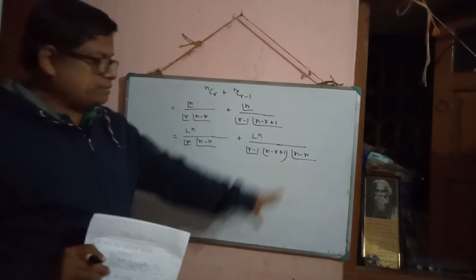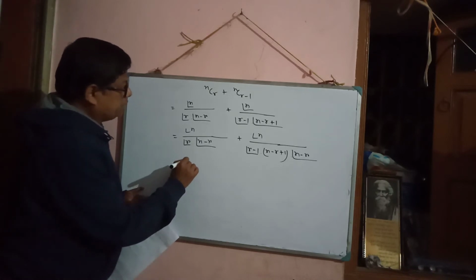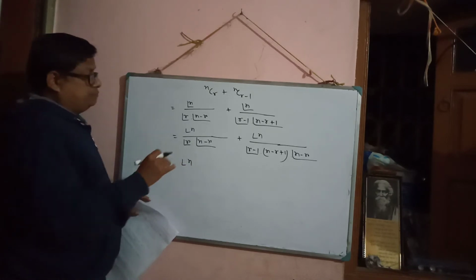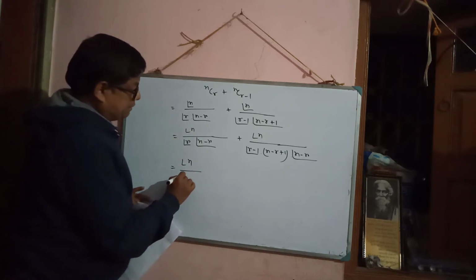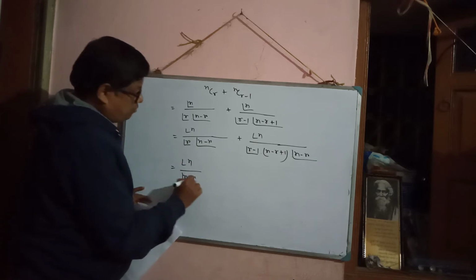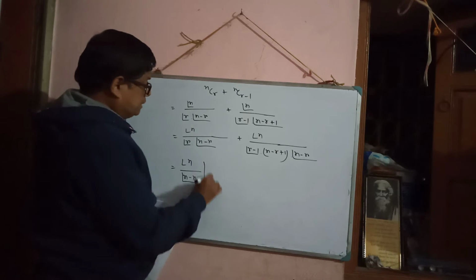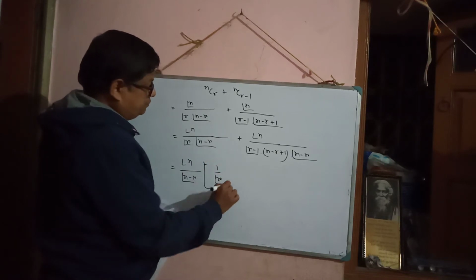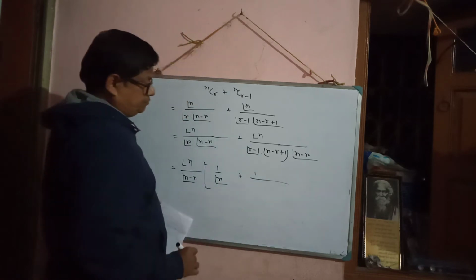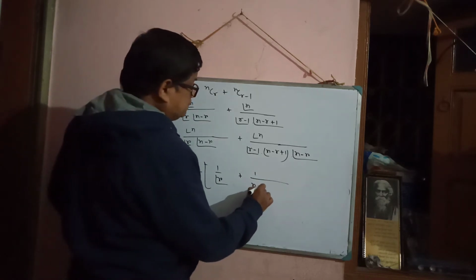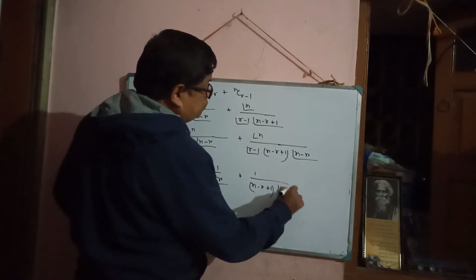Taking n factorial by (n minus r) factorial common, we get 1 by r factorial plus 1 by (n minus r plus 1) into (r minus 1) factorial.